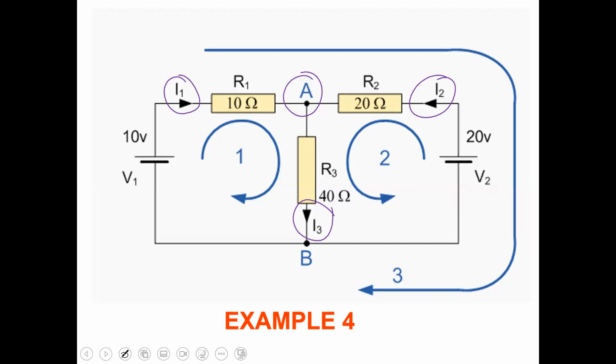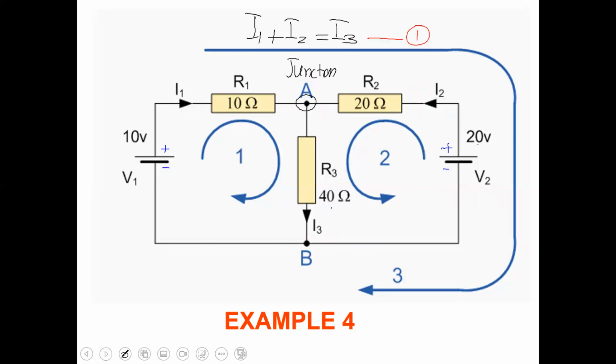Talking about the first junction, Kirchhoff's first law: total current entering a junction is equal to total current leaving the junction. So then make the equation, now talk about loop number 1.